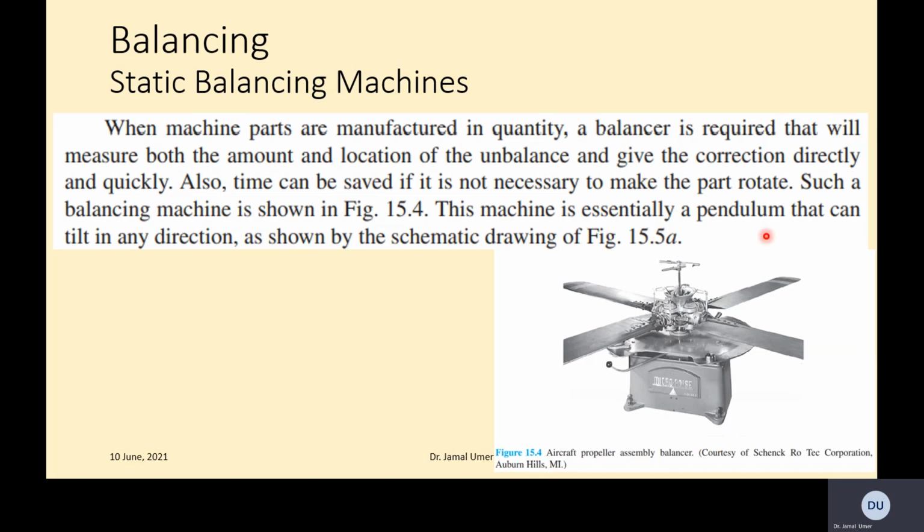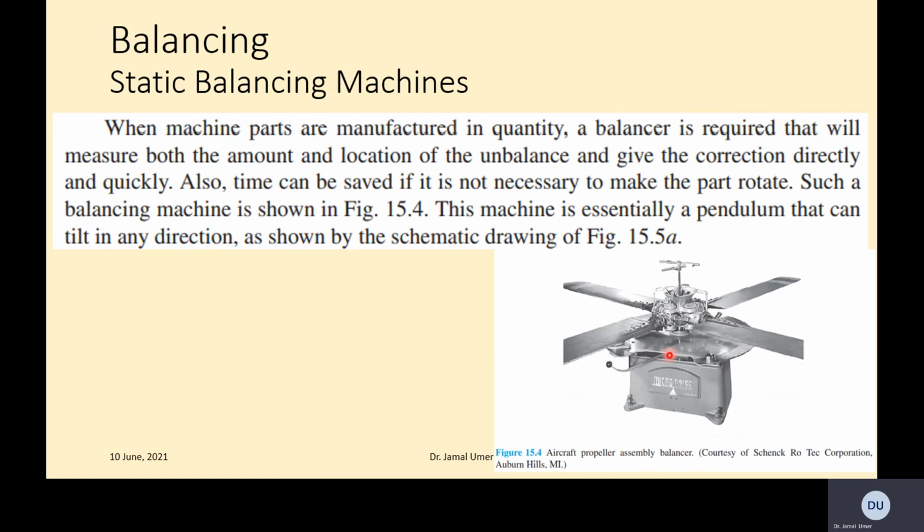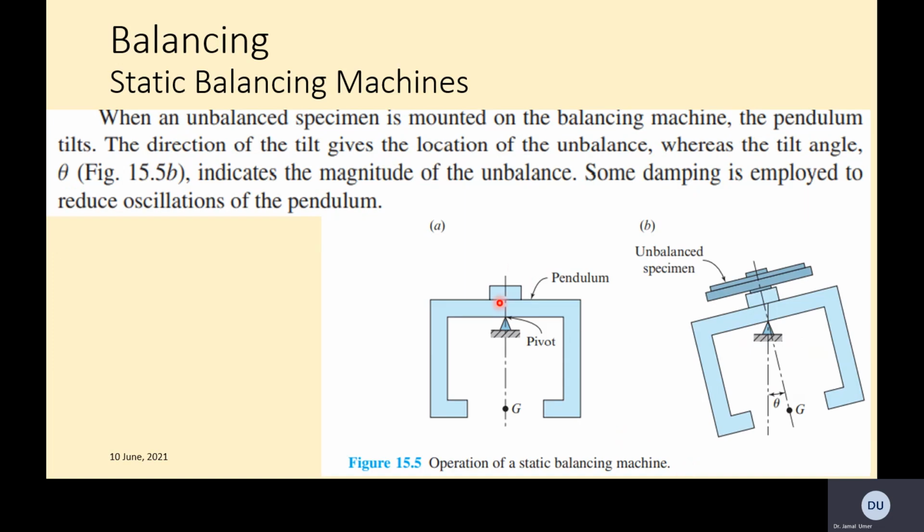So this machine is essentially a pendulum that can tilt in any direction as shown in the figure, right? So this is the schematic of the same diagram. This is an aircraft propeller assembly balancer. Inside, you place it, and because of the weight, it will move this pendulum.